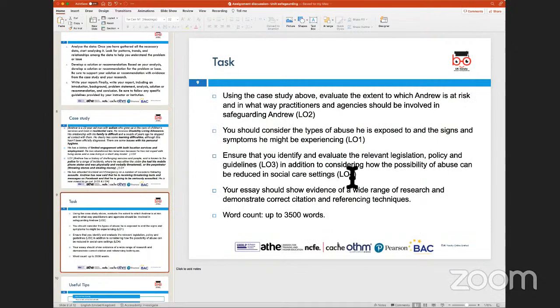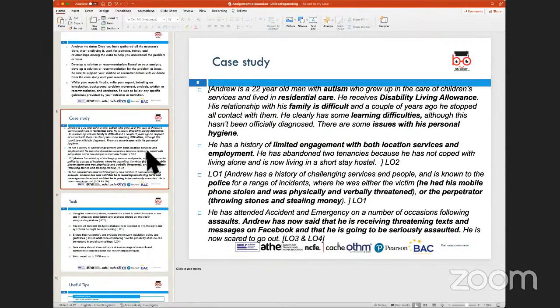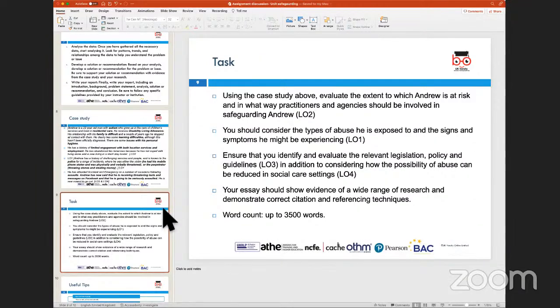Now, what are the tasks coming out of it? This is what we have looked at from our interpretation of the case study, so let's check what task it is asking us to do.